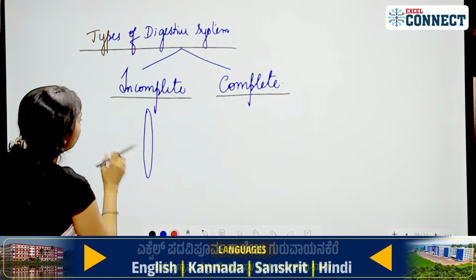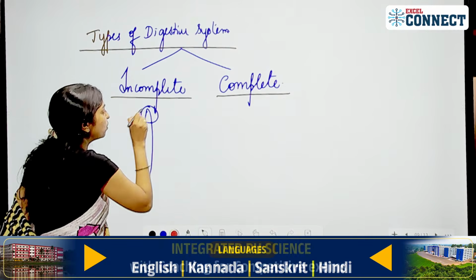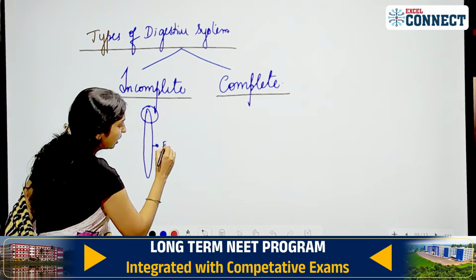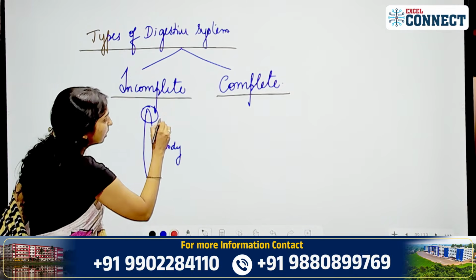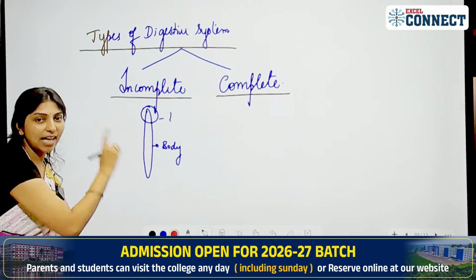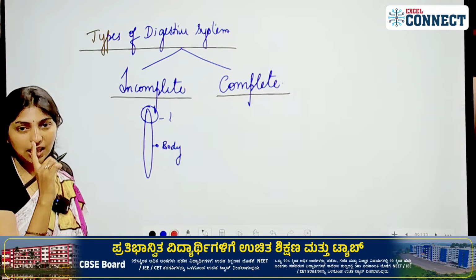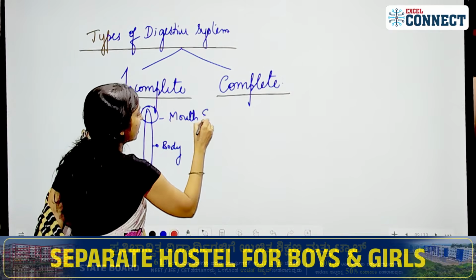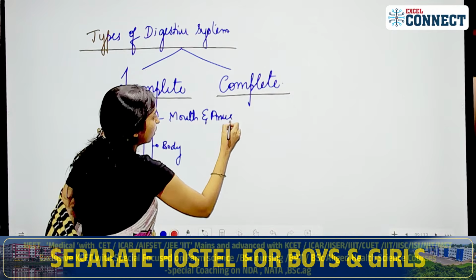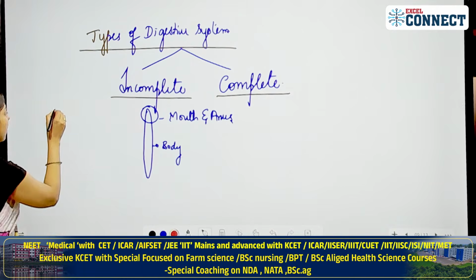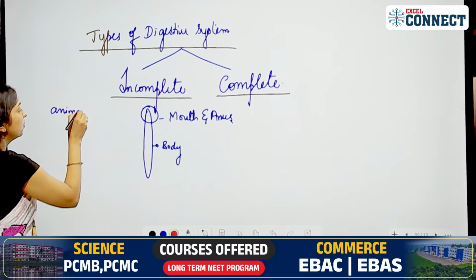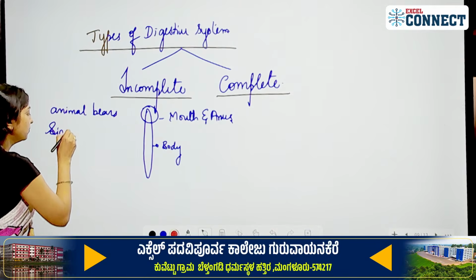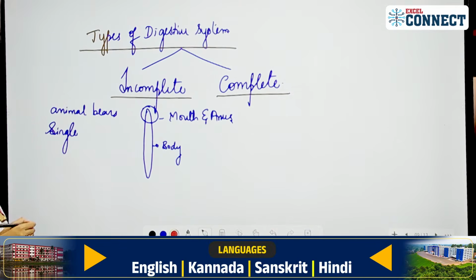If the body has one common opening outside the body, consider this is the body of an animal. How many openings are there? One opening, and that one opening will serve both as mouth and anus. So how can you define incomplete digestive system?